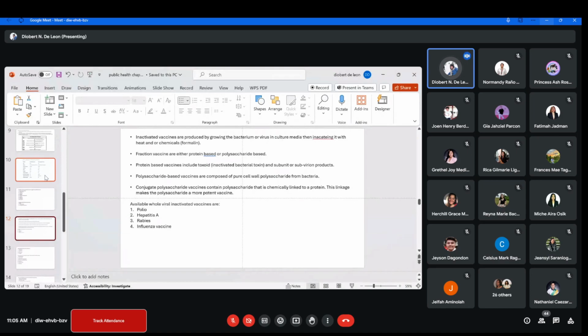We also have under the inactivated vaccines the fraction vaccine. It could either be protein-based or polysaccharide-based.